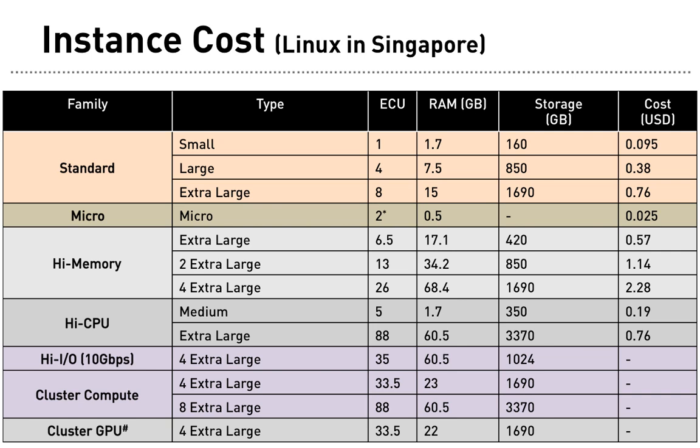You could also launch high-end instances, for example a quadruple extra large, which is a high memory instance that comes with 70 GB of memory, and that's going to cost you 2.28 dollars in Singapore. So we are talking about launching a Linux instance in Singapore based on a variety of instance types.